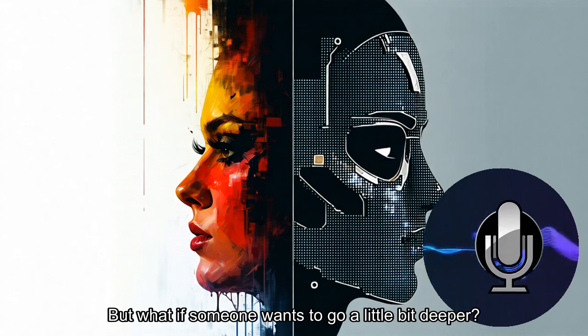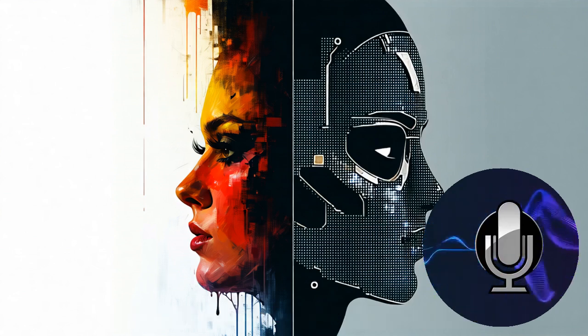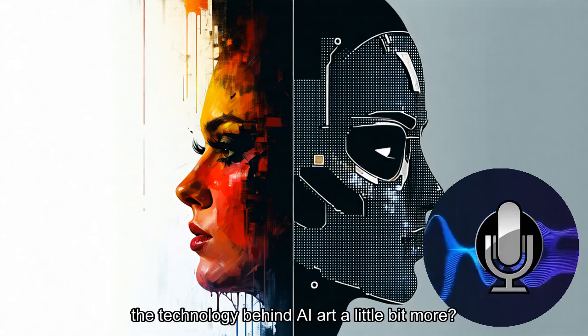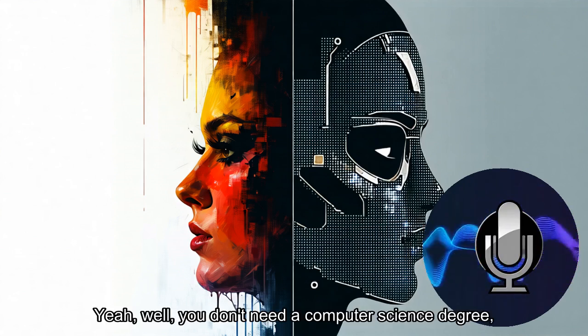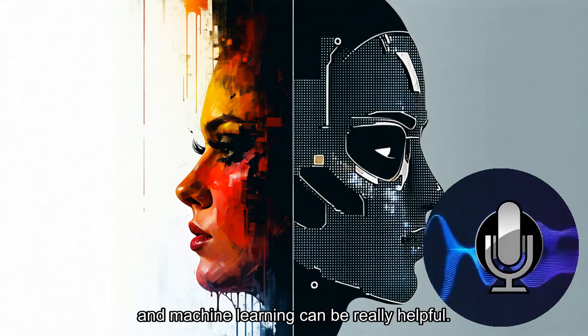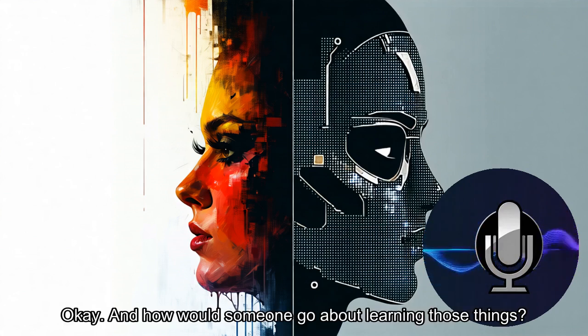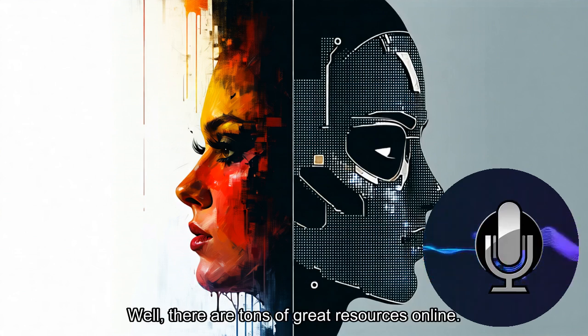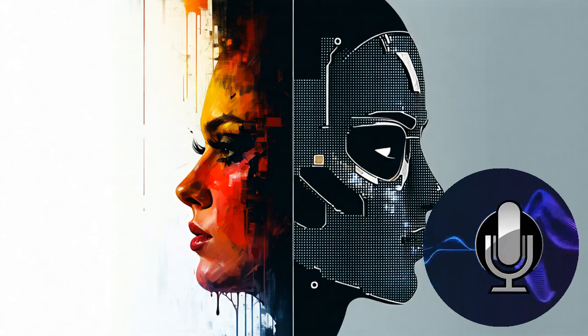But what if someone wants to go a little bit deeper? Like what if they want to understand the technology behind AI art a little bit more? Well, you don't need a computer science degree, but even just a basic understanding of AI and machine learning can be really helpful. And how would someone go about learning those things? Well, there are tons of great resources online.